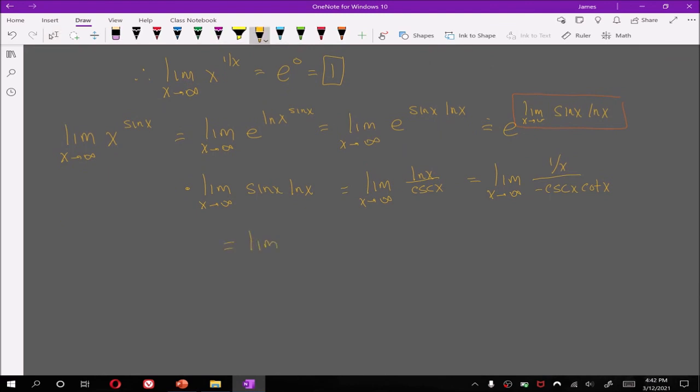That will equal the limit as x approaches infinity of, don't forget your negative, sine squared all over x times cosine of x. This is still indeterminate. Negative limit as x approaches infinity, 2 sine of x cosine of x all over negative x sine plus cosine.